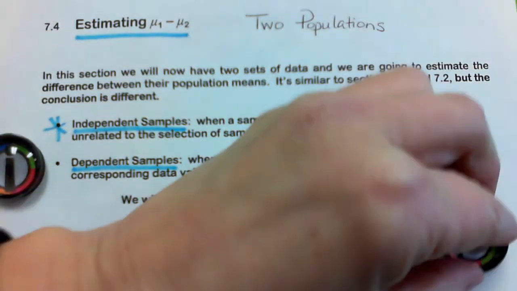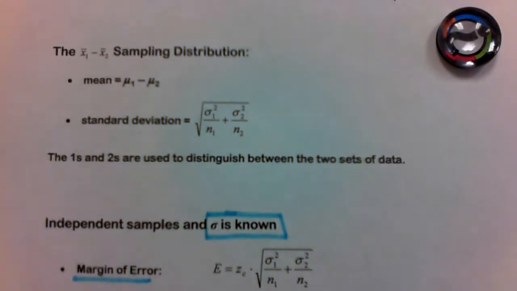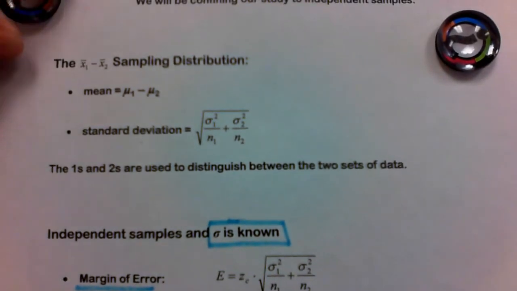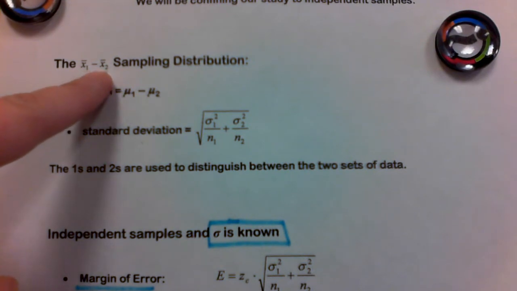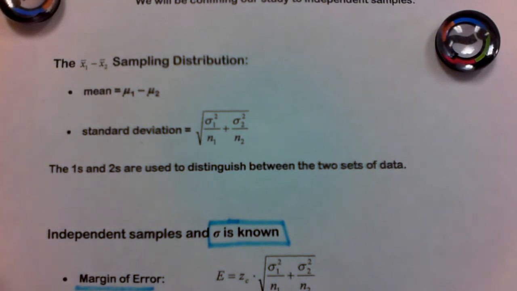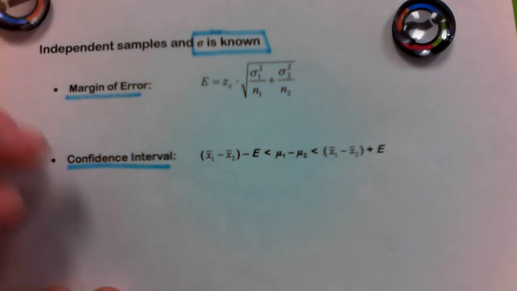Again, we don't know the population mean, which means that we will be looking at x bar 1 and x bar 2 instead of just x bar. Here I've given you the mean and the standard deviation, but down here is what we really need to get to for you to be able to do your calculations.